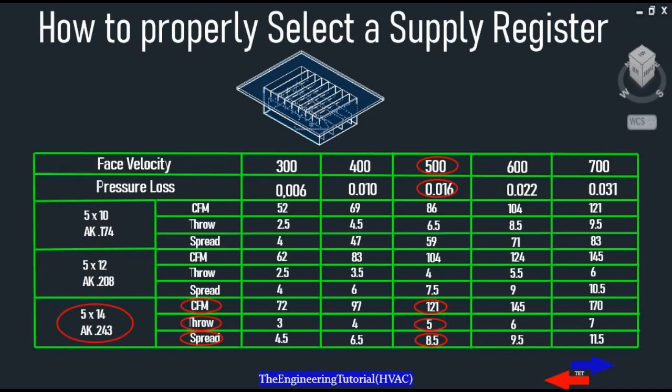If you use this engineering data by selecting the face velocity of 500 FPM, that's going to give us a pressure drop of 0.016 inch of water column with an expected throw of 5 feet from the register, an expected spread of 8.5 feet from the register, and a size of 5 by 14 square inches, for the design airflow of 121 CFM with a face velocity of 500 FPM at NC level of 30.